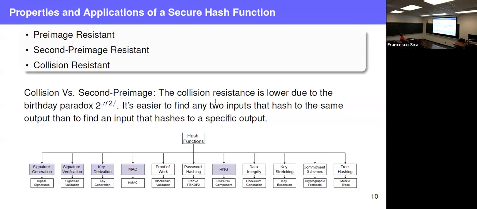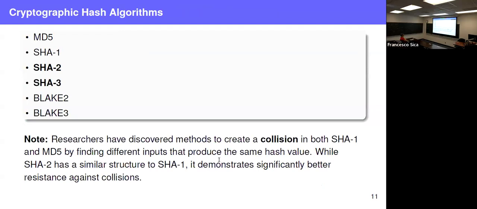As you can see, hash functions are used in several applications. The most important applications are signature generation, signature verification, key derivation, MAC, and random number generation. There are several important hash algorithms like MD5, SHA-2, SHA-3, and Blake, but MD5 and SHA-1 have been broken because researchers found collision attacks against these two hash functions.